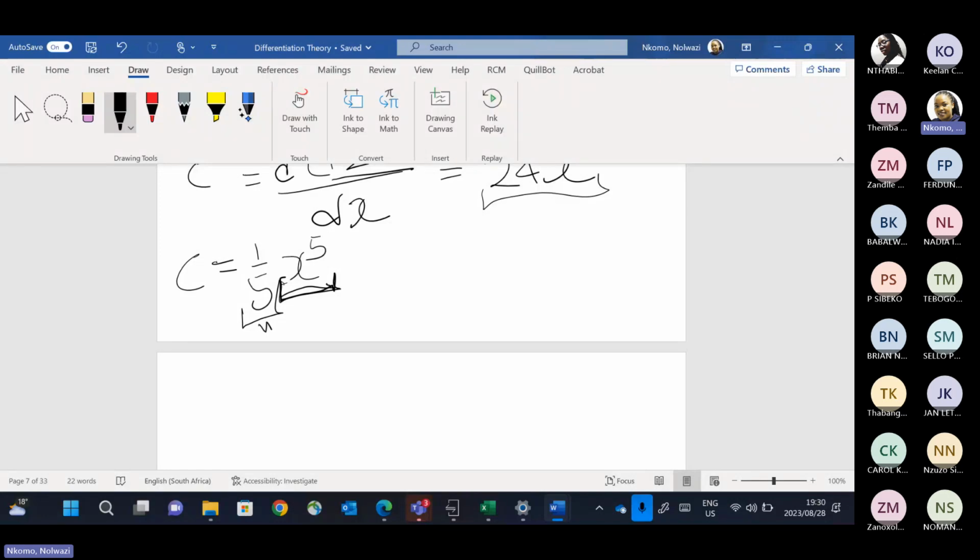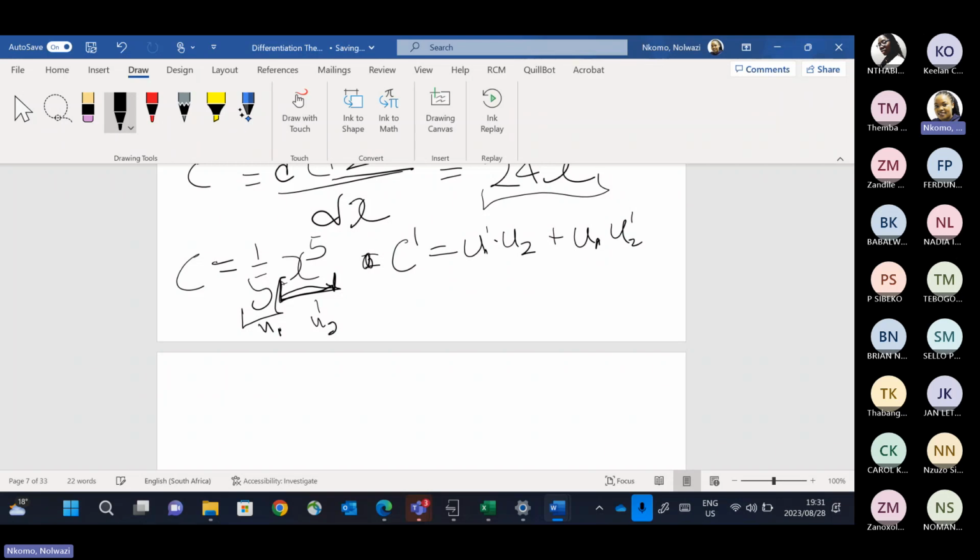I'll let this be U1 and this be U2. If this is the case, the product rule says C prime would be U1 prime times U2 plus U1 times U2 prime, right?